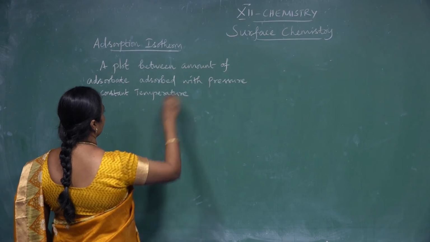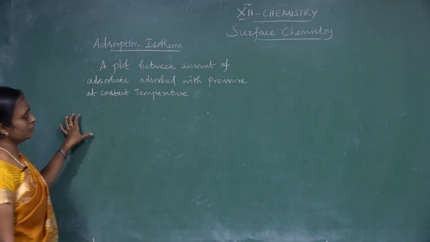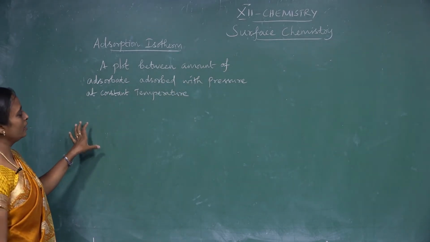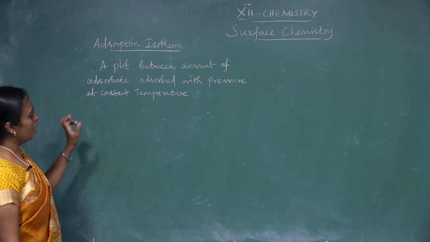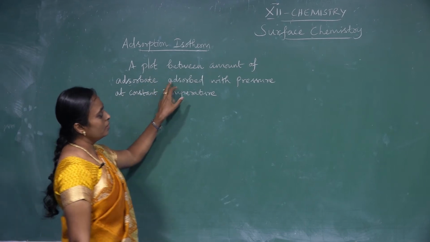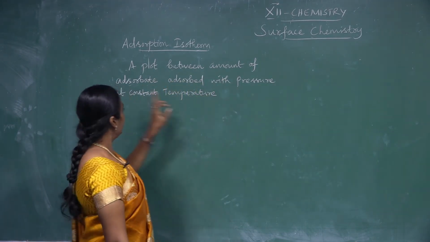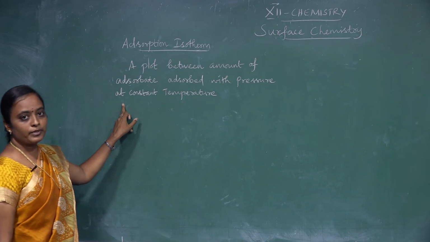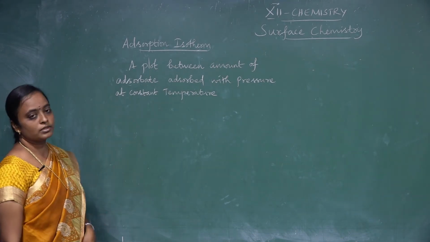Okay. So this is called adsorption isotherm, a plot drawn between the amount of adsorbate adsorbed and the pressure at constant temperature. This is called the adsorption isotherm.